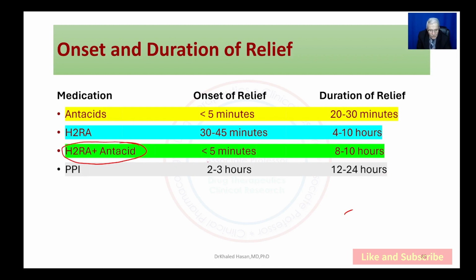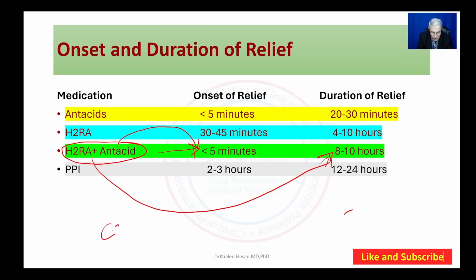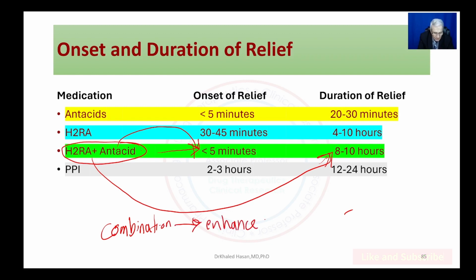In this case, we achieve rapid onset of action due to the antacid, and we achieve a long duration of action. So in this combination treatment, this will lead to an enhanced effect of the medication.